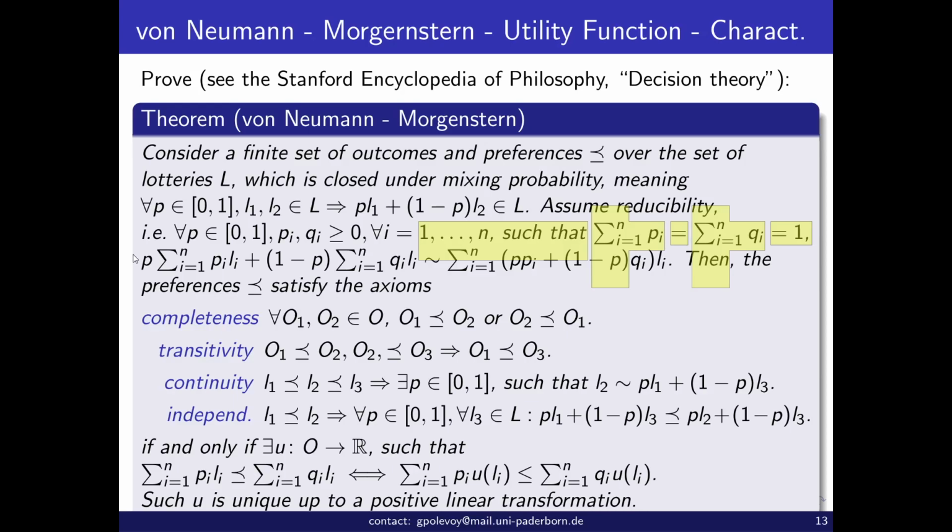And it's the same from the point of view of the players, of those preferences, as if you just open the parentheses and look at the combination of P times Pi plus 1 minus P times Qi of Li. So if you open those parentheses, that's the same.